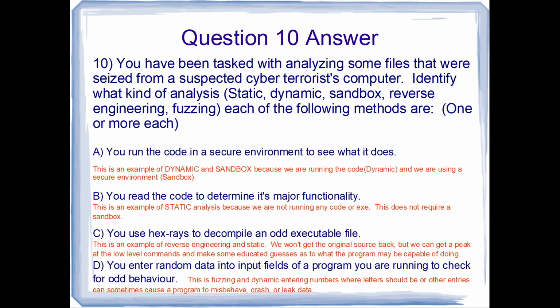Sometimes by putting in random data, you can cause a program to do something that it shouldn't do, and that could be leaking data. It might go, oh, this isn't what I was expecting. Here's the database, you figure it out. Or it may just crash, or it may misbehave and knock all the users offline.